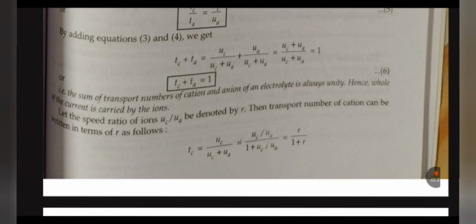TC will equal UC by UC plus UA, which is equal to UC by UA divided by 1 plus UC by UA.